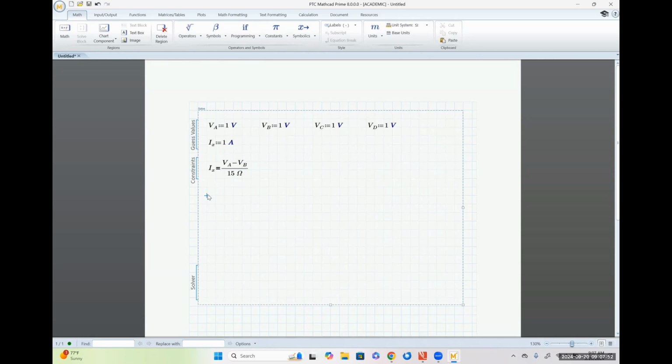Then we had our voltage relationship equations. So we would have 8 volts is equal to, so that's control equals, and if I'm not mistaken, that was VA minus VD. Then I have my other voltage source, which was 3 IX, right?